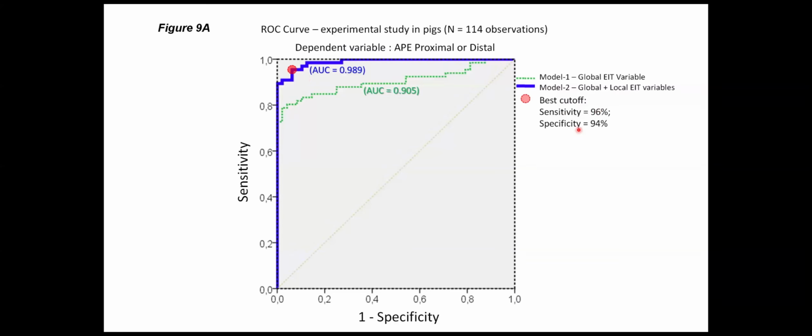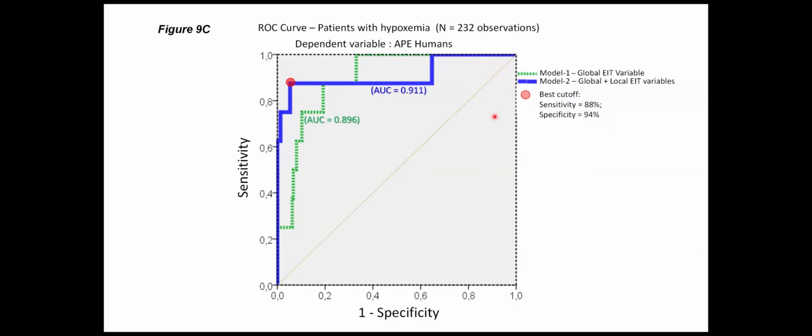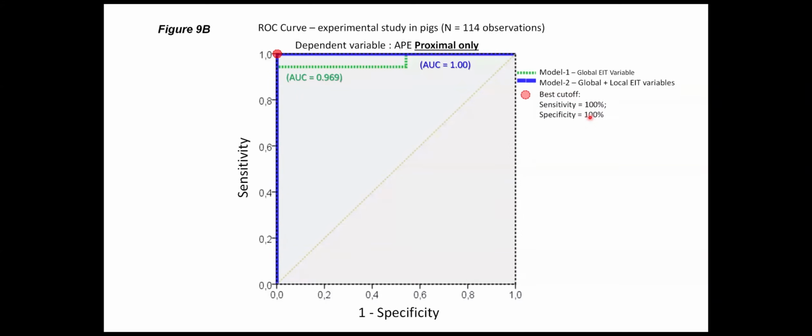Sensitivity of 96%, specificity of 94%. And this is when we applied the same model to humans. So this is a test with 232 observations in humans. We still have a sensitivity of 88% and a specificity of 94%. And when we tested only proximal occlusions, we have almost 100%.